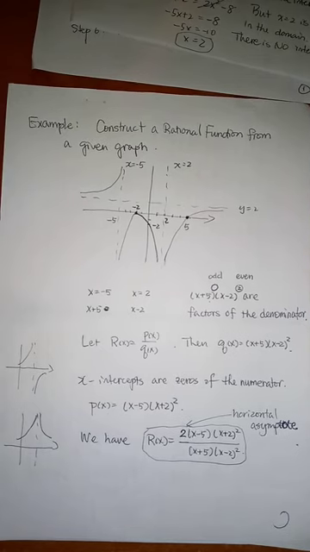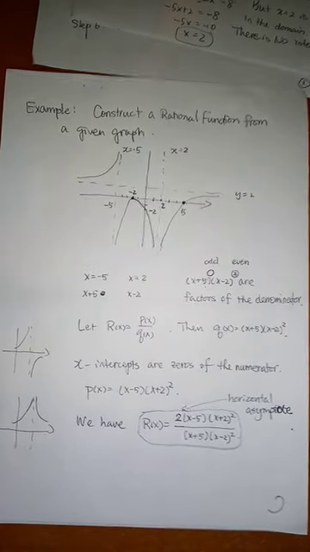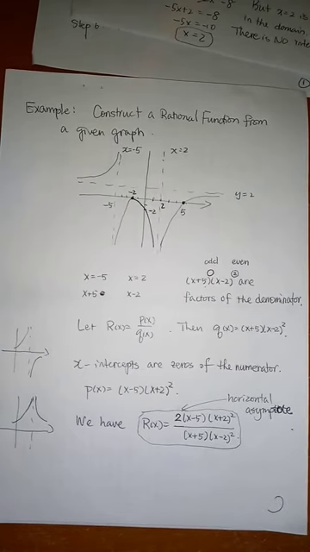So there are many examples. You must do one or two of them at least to get the idea of the graph of rational functions. It's not that simple, so you have to collect all the information you know about the rational functions.